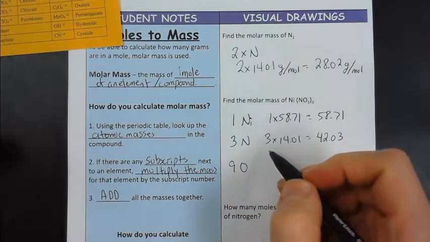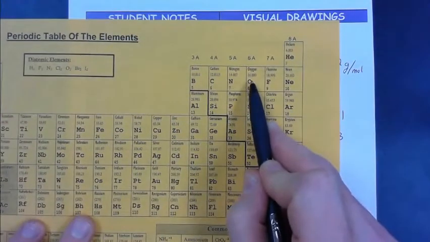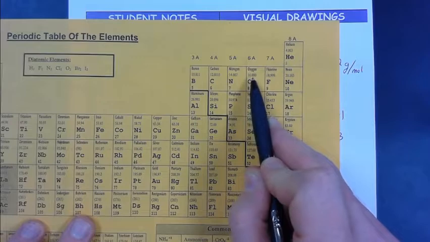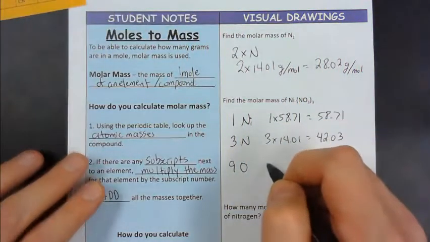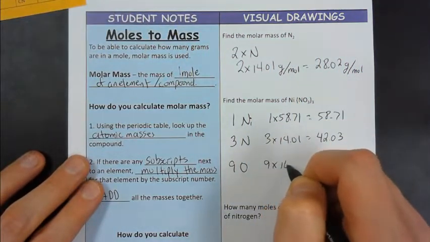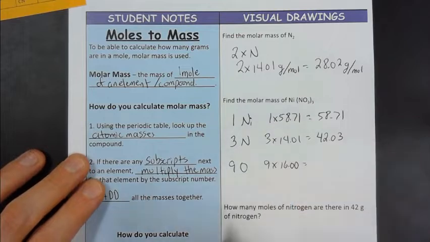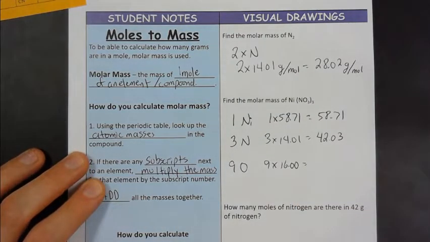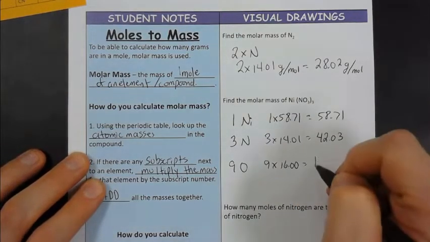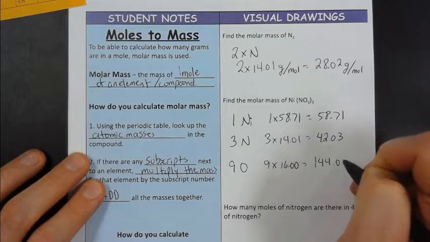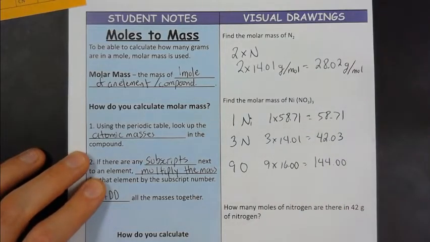And then we've got 9 oxygens, and oxygen's a nice round 16.00. So that becomes 9 times 16.00, which is equal to 144.00, keeping the 2 decimal places.